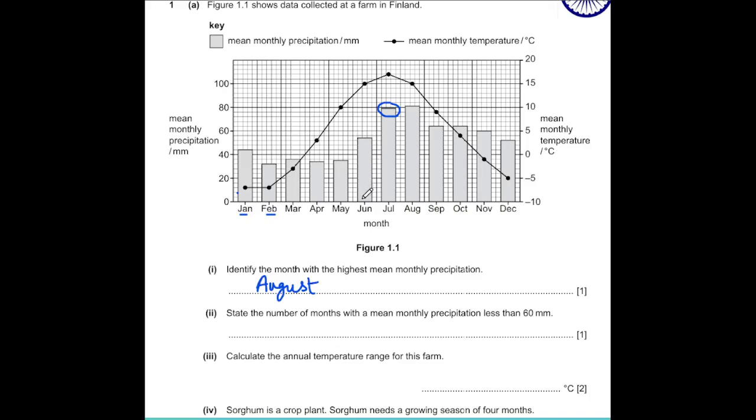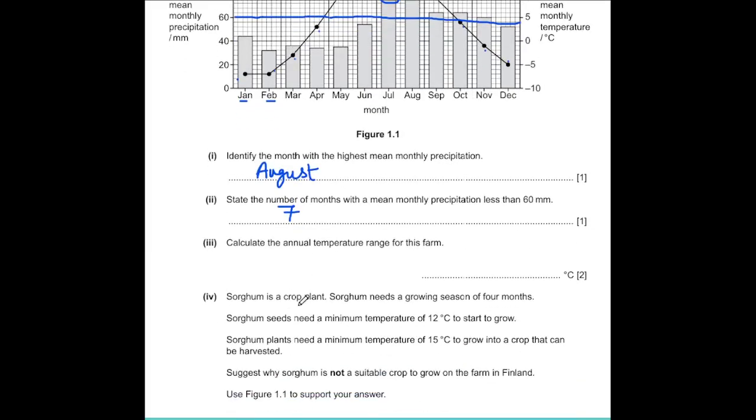It is 60, that is below this level. If I draw a line with the help of a pencil, you will know that 1 2 3 4 5 6 and 7, total 7 months, right? We got it. 7 months are below 60 mm.